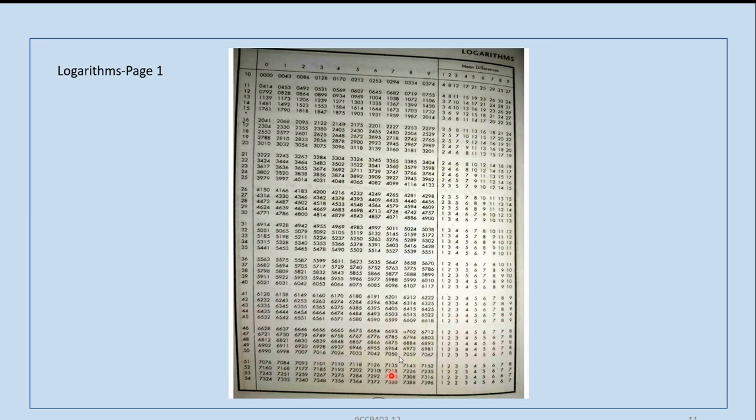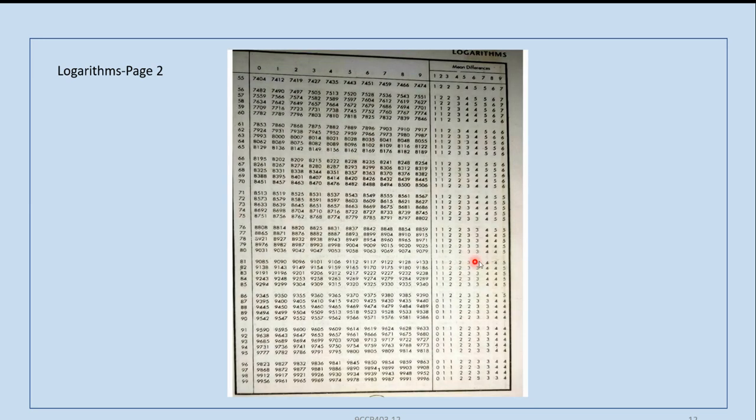That means in 75, which is on the other page, in 75, 9, 8802 plus 5, 8807. So 3.5550 plus 3.8807 gives 7.4357.